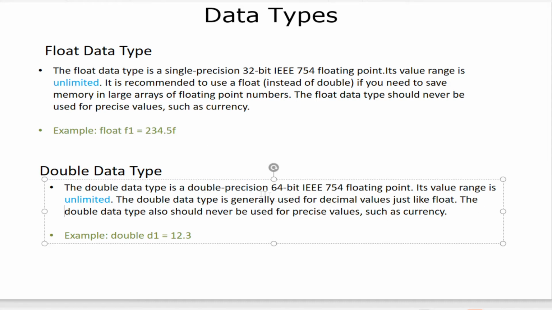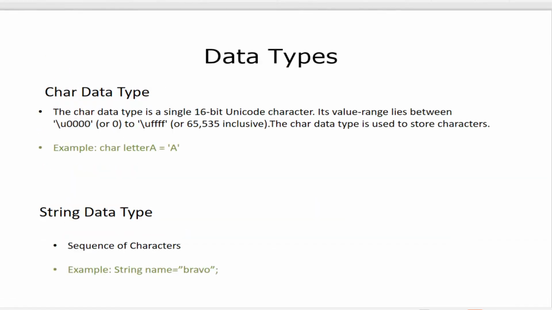So double is double precision, 64-bit, floating point. Value is again unlimited. So you can also, for example, you want to declare double d1 equals 12.34. You can also declare double pi equals to 3.142. So that's for double.